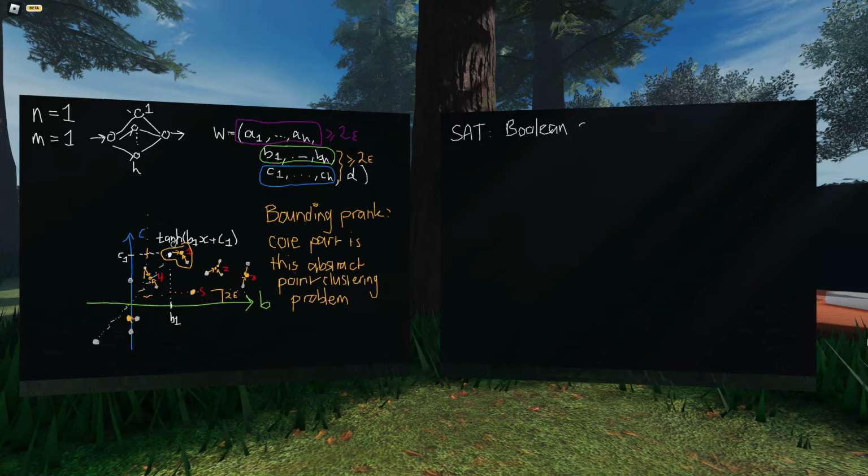This is the problem of taking a Boolean logic formula with a certain number of variables and determining whether or not it is satisfiable, whether or not there's an assignment of values to variables that makes the whole formula evaluate to true.